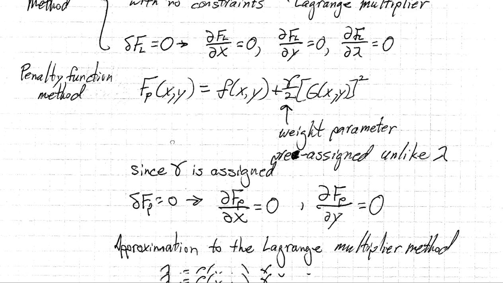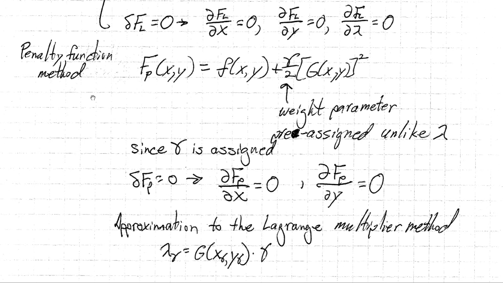Numerically speaking, what's normally done for finite element problems is called a penalty function method. And in this case, you introduce this other function, f of p. You still have this function of x and y, but now we take the quadratic on this constraint and we introduce a weight parameter. This is something you would define in the finite element problem.